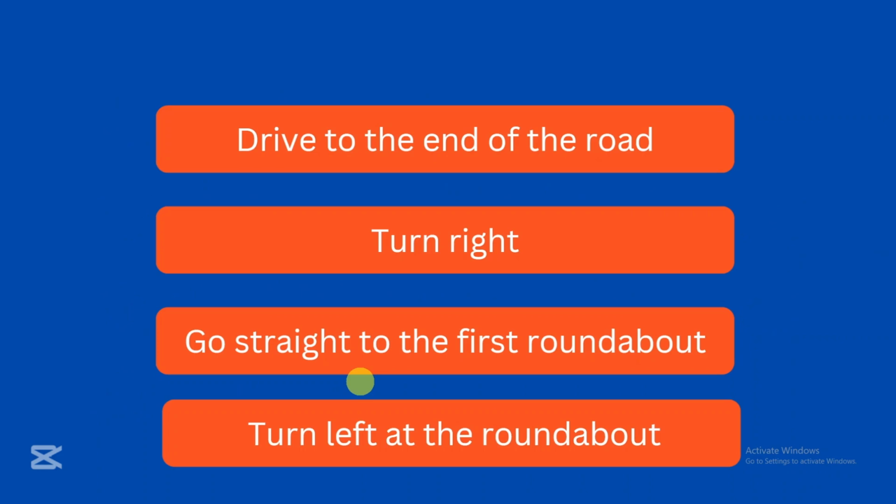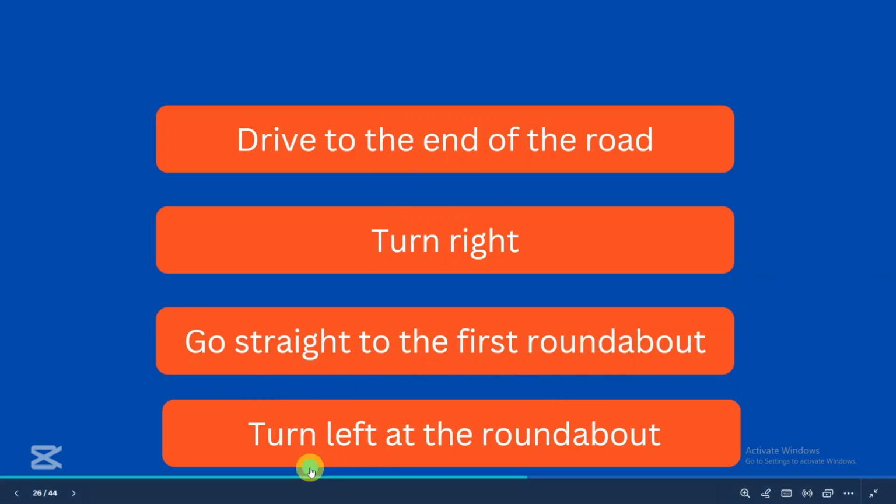So let's take an example. You are given directions to a place, and the order is: 1, you drive to the end of the road; 2, you turn right; and then 3, you go straight to the first roundabout, and then lastly you turn left at the roundabout.